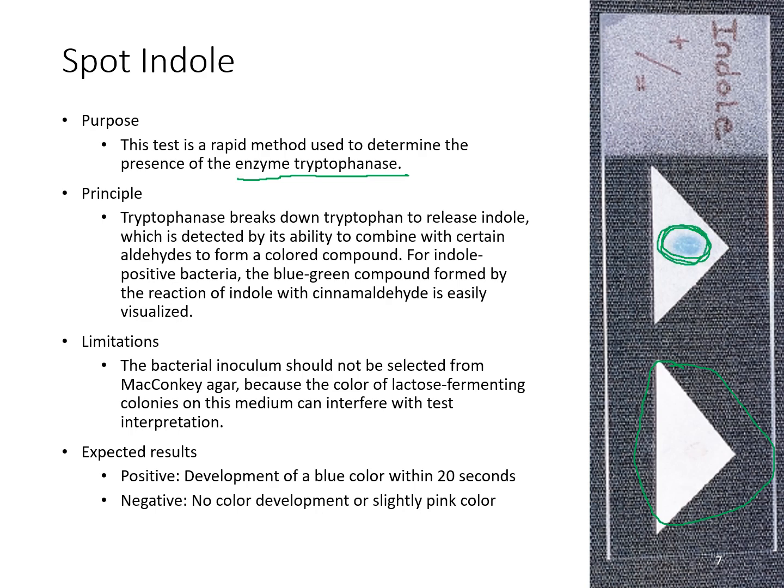If it's positive, we get that blue reaction, and if it's negative, you have no reaction. And again, sometimes, like some of our other tests that we've discussed before, you can see a little bit of an outline of that organism, and that's okay, but it didn't turn positive.